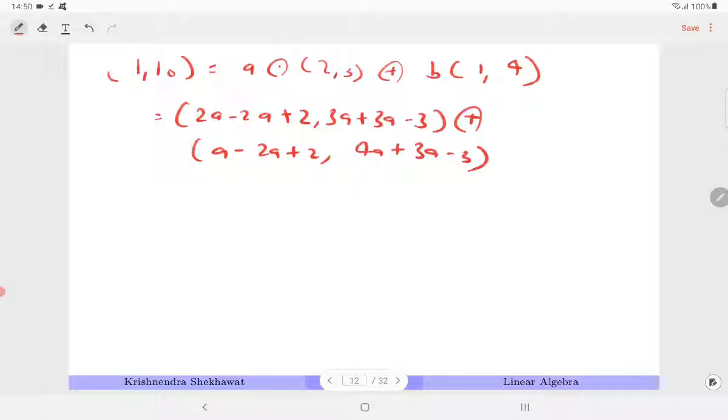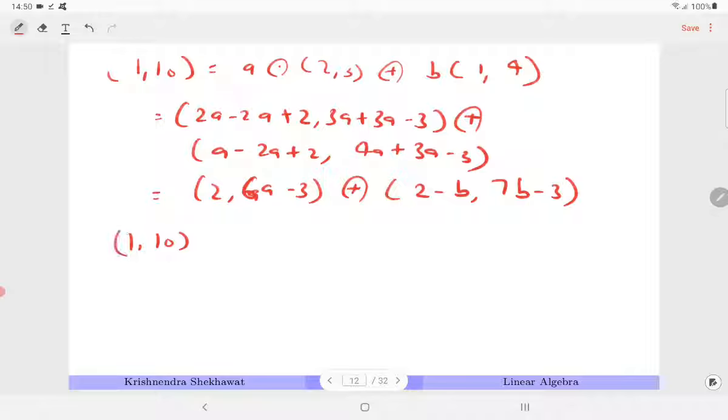Please do verify, and if you simplify it, it comes out to be 2 comma 6A minus 3 plus 2 minus B and 7B minus 3. If you further simplify it, then the equation becomes (1, 10) is equal to (2 minus B, 6A plus 7B minus 3).